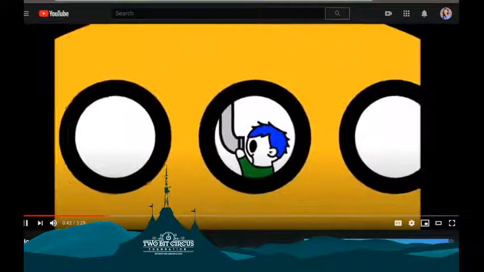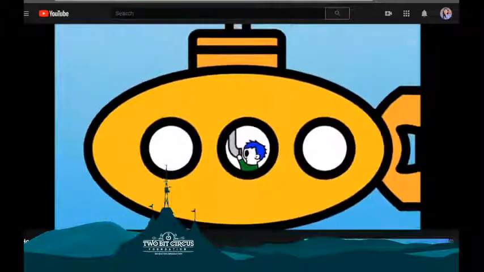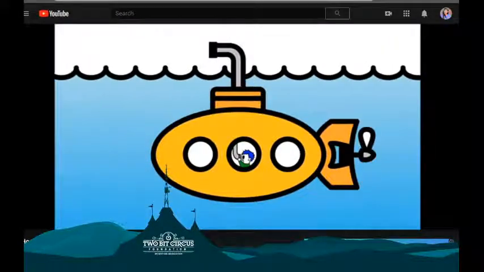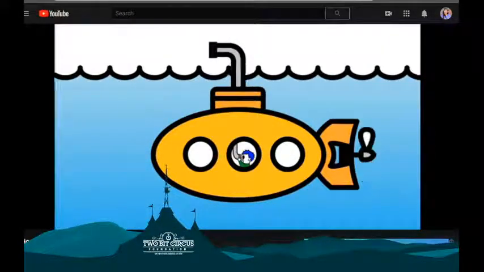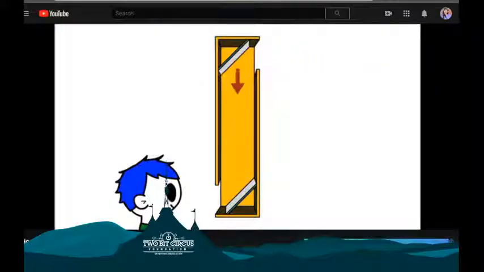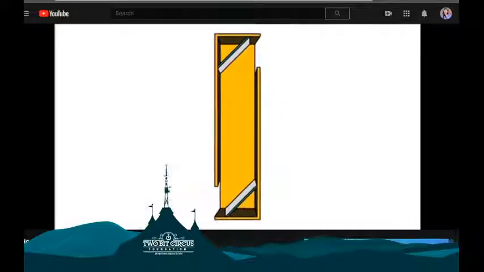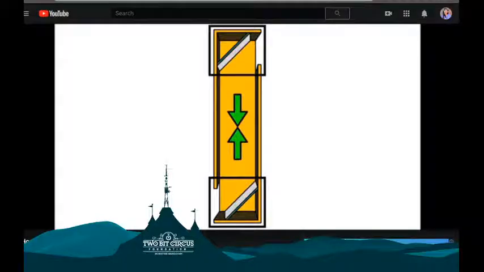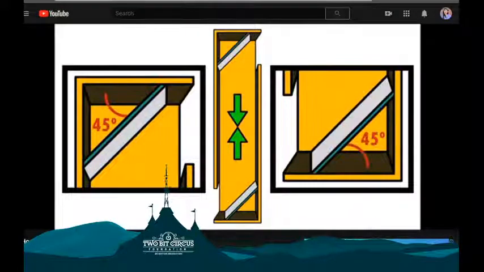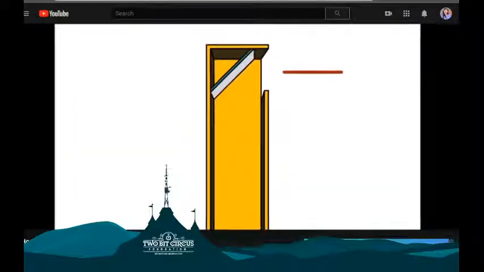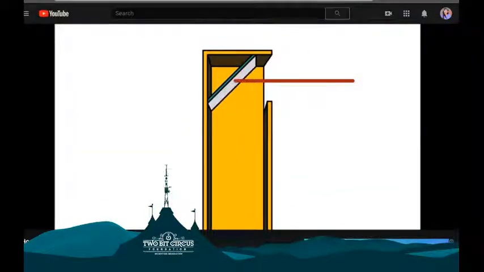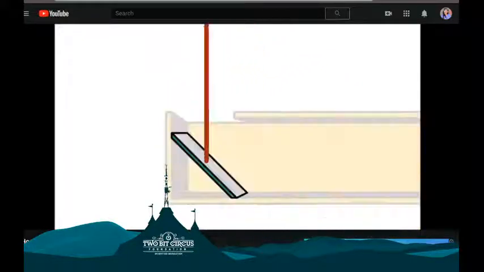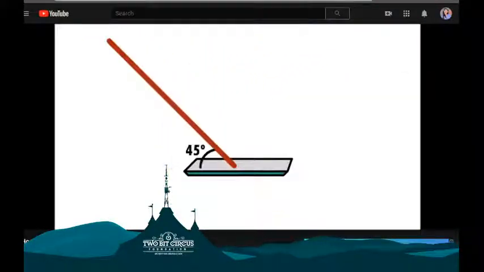Periscopes are used to see objects that are not on the same level as the observer. Mirrors inside the periscope bounce the light towards the observer. In order for the periscope to work, the mirrors must be facing each other and must be at a 45-degree angle. Light enters the periscope and hits the top mirror. In our experiment, the light hits the mirror at a 45-degree angle.